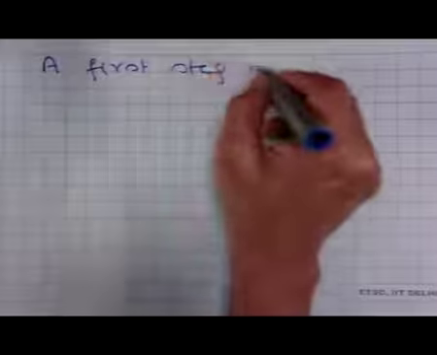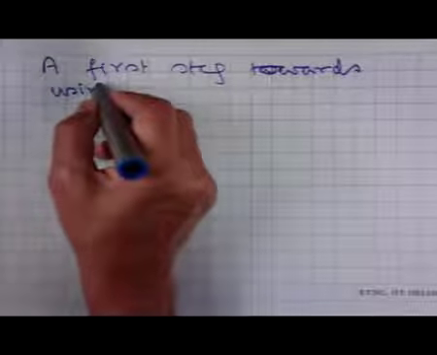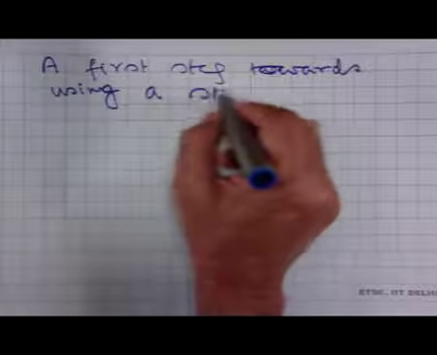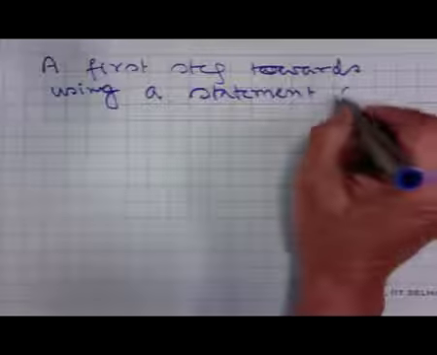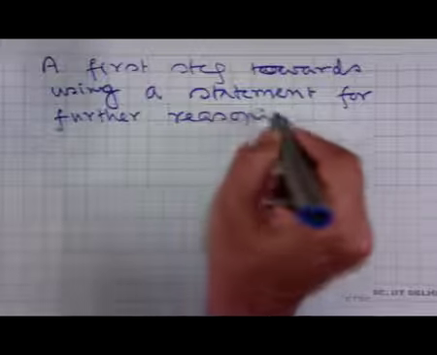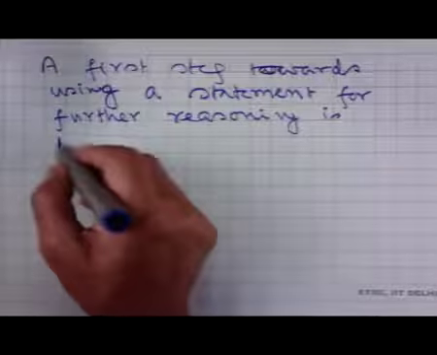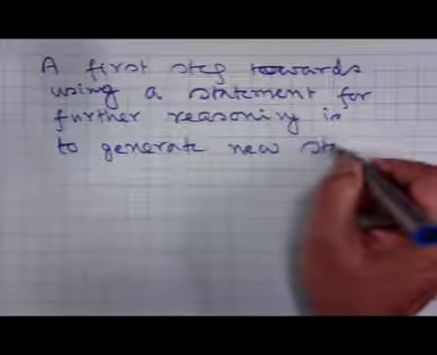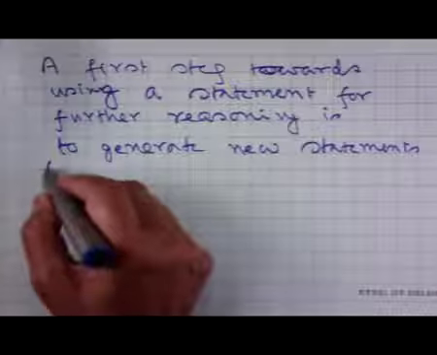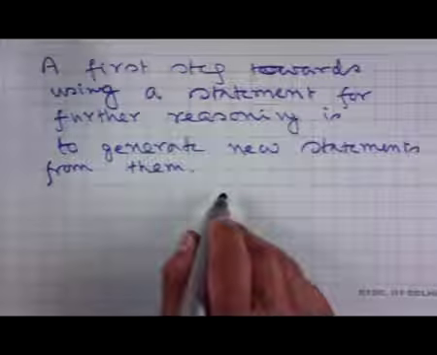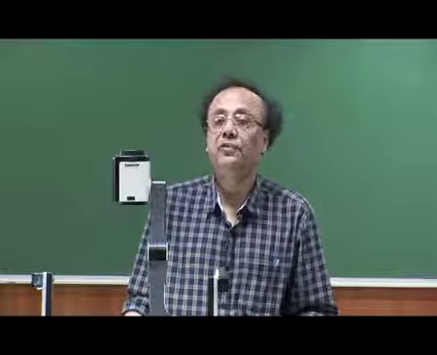Now, a first step towards using a sentence, a statement for further reasoning is to generate new statements given a statement which is either true or false. How do we generate new statements out of it?